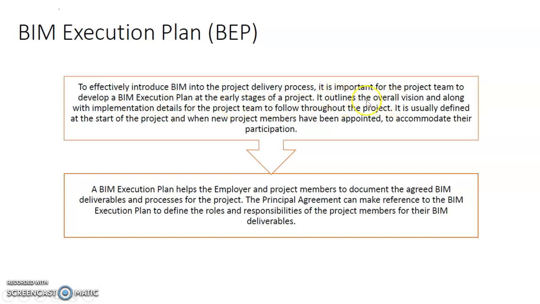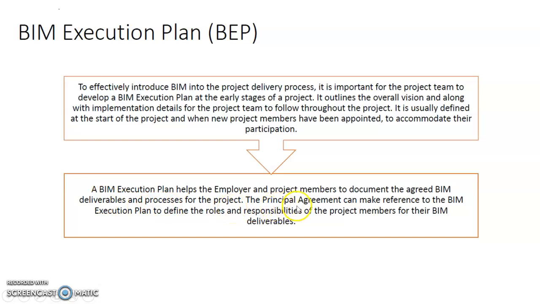And the plan outlines the overall vision along with the implementation details for the project team to follow throughout the project, usually defined at the start of the project and updated when new project members have been appointed to accommodate their participation. So the BIM project execution plan helps the employer and project members to document the agreed BIM deliverables and the processes for the project.